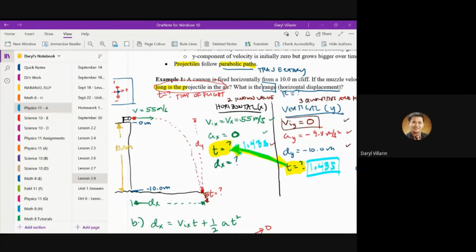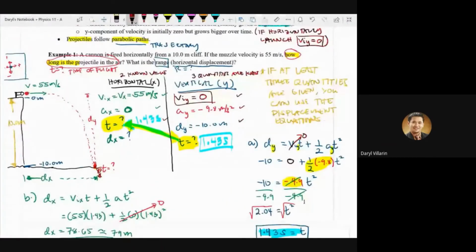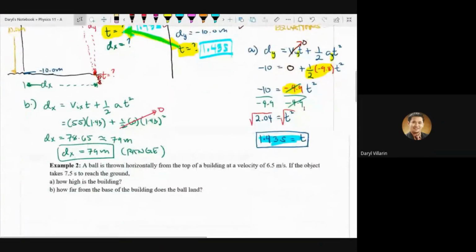The one thing you can cross over between the two is just your time. Any other questions? None, so we can move on to the second one.